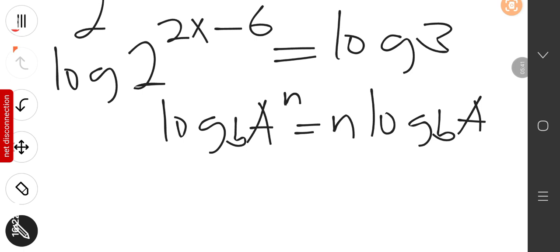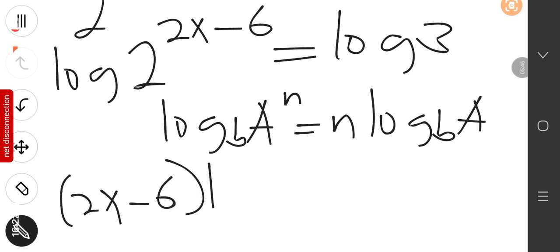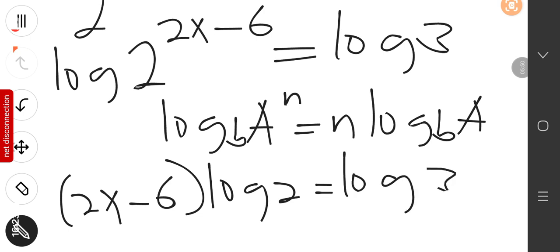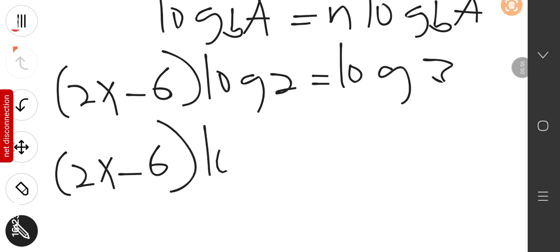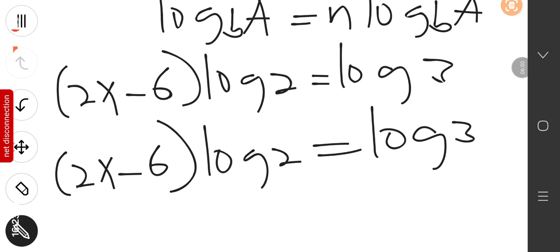So this is going to give us 2x minus 6 multiplying log 2 equals log 3. All right, so our equation becomes 2x minus 6 times log 2 equals log 3.